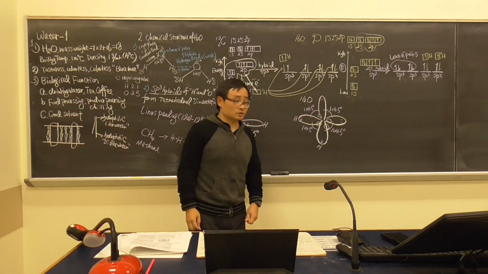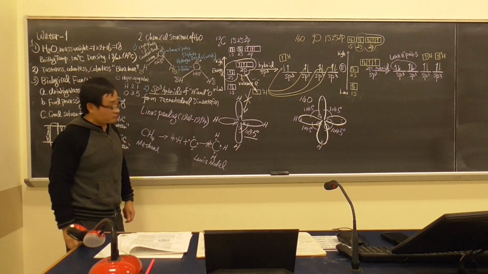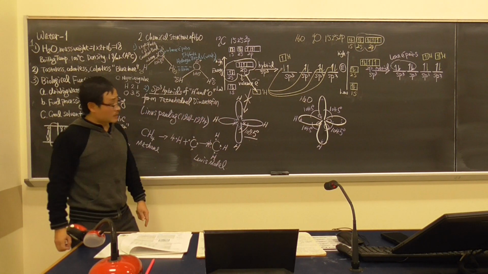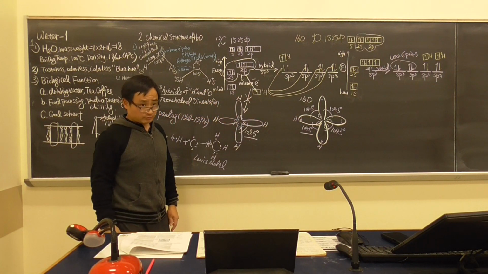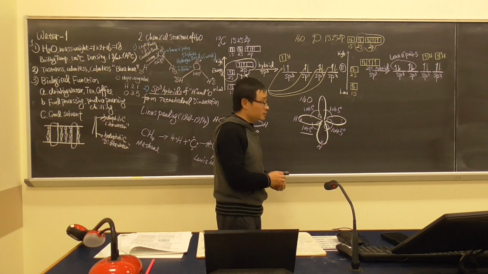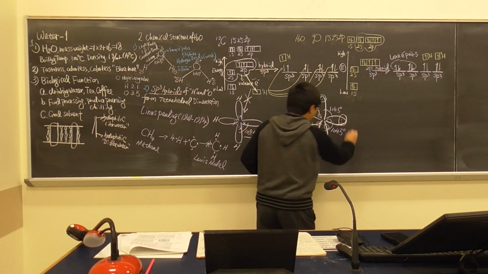Now there's a question. The angle here is 109.5 for methane. How come you have 104.5 for water? So he had another theory. Because you have these lone pairs, is that right?